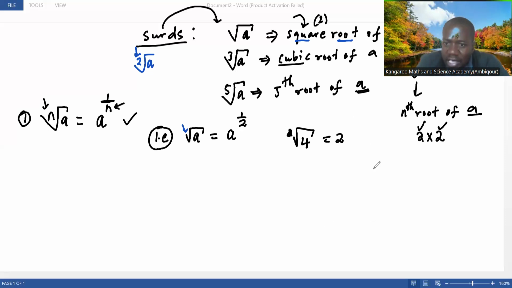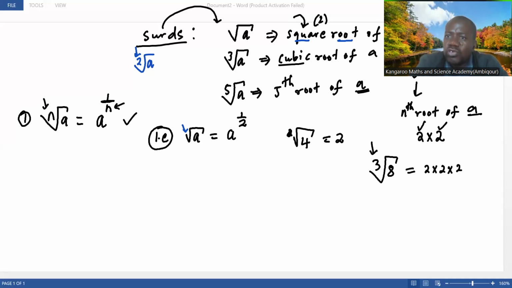But if I say the cubic root of 8, I'm saying there are 3 numbers that we can multiply to give us 8. Obviously, those 3 numbers, which are the same, are going to be 2 times 2 times 2.